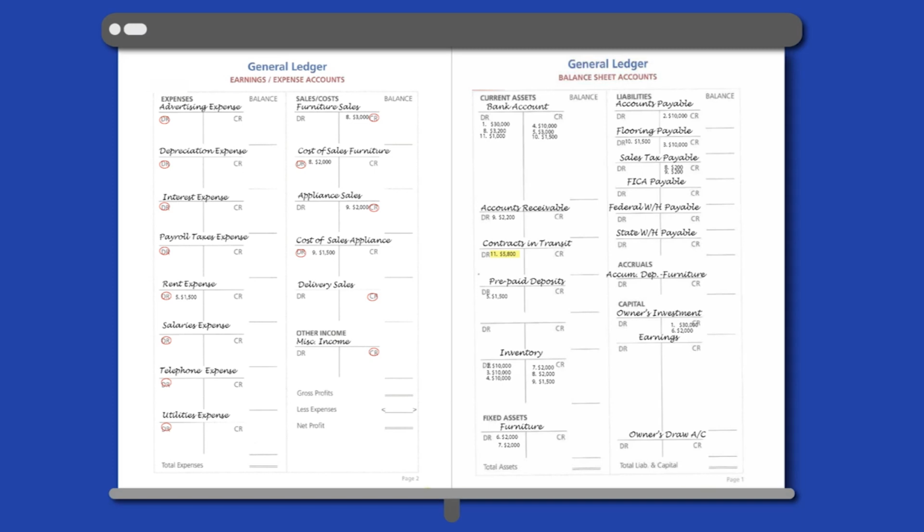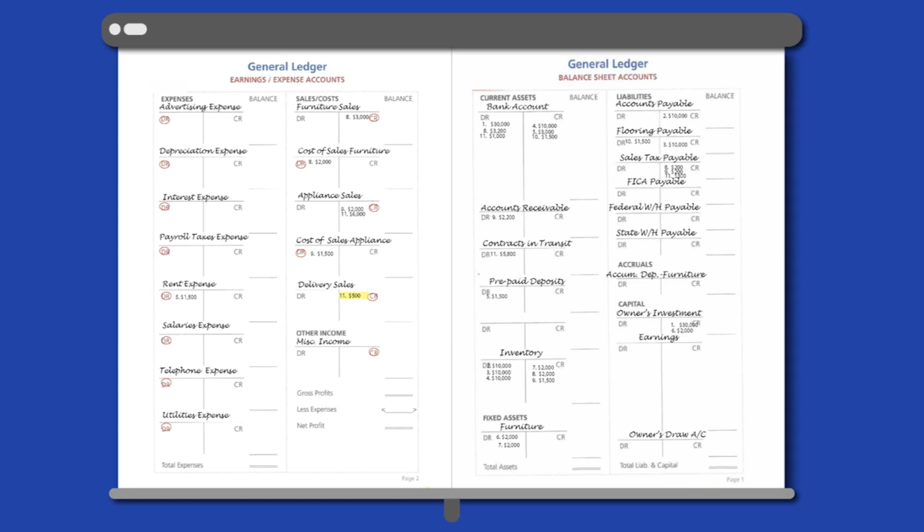Okay. Credit sales tax payable $300. Credit appliance sales $6,000. And credit delivery sales $500. So we've got $6,800 in credits.